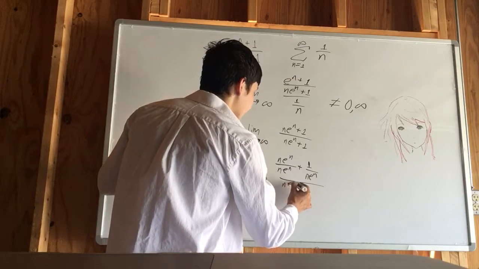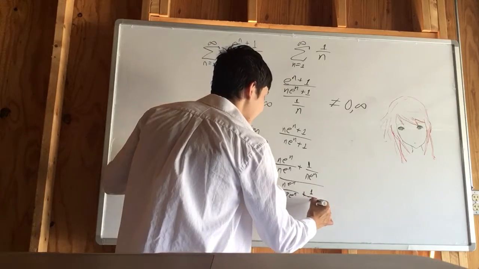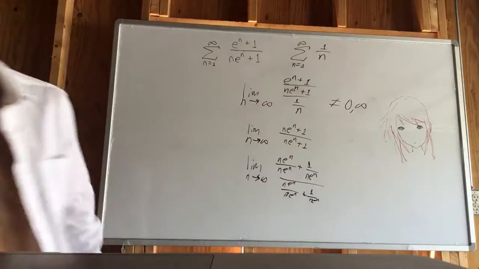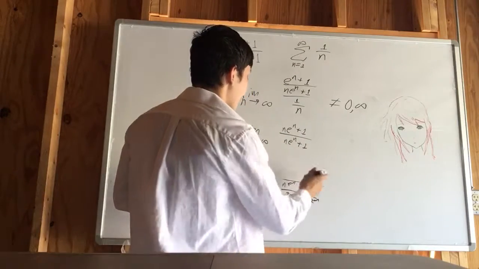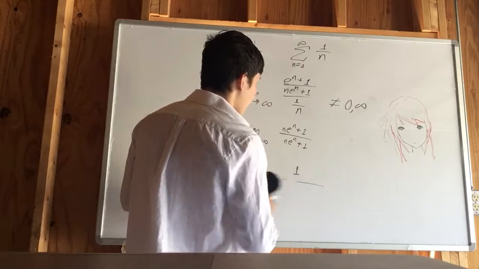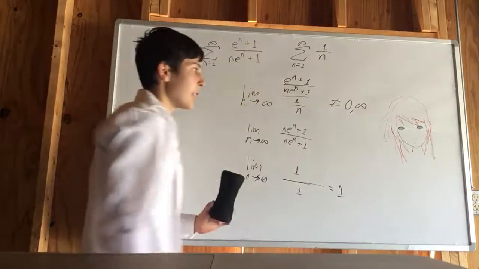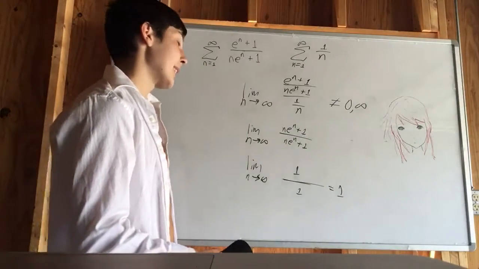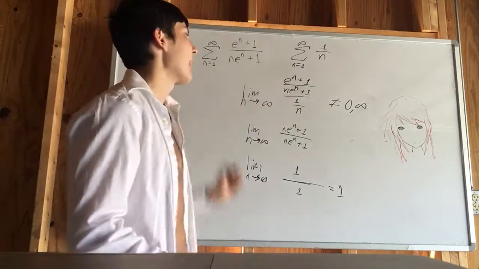We plug in infinity, these guys go to 0 anyway, because we have infinity in the denominator, so this would be 1, and this would also be 1. So 1 over 1 is 1, and 1 is not 0 or infinity. So we could have gotten any number as long as it's not 0 or infinity. And that means that whatever applies to this one also applies to that one.